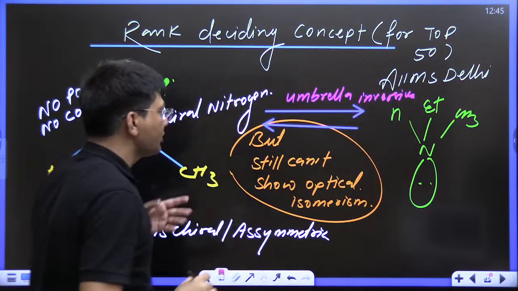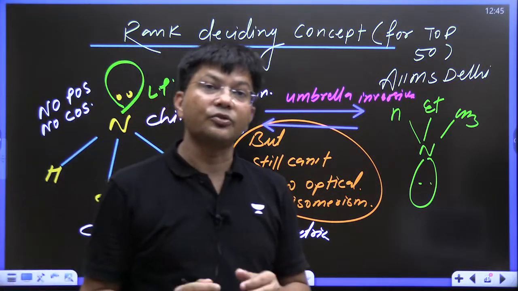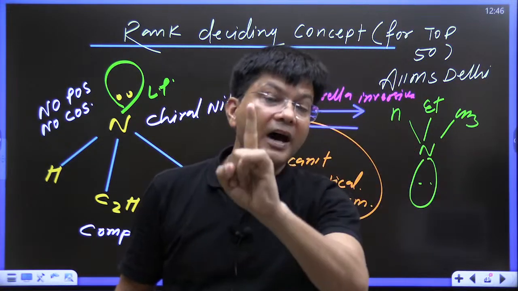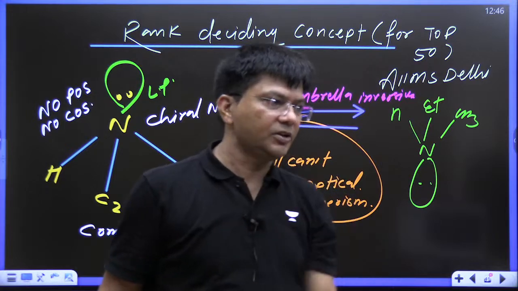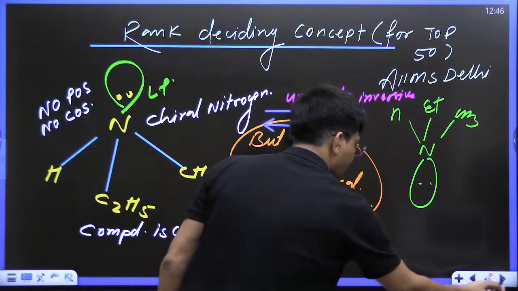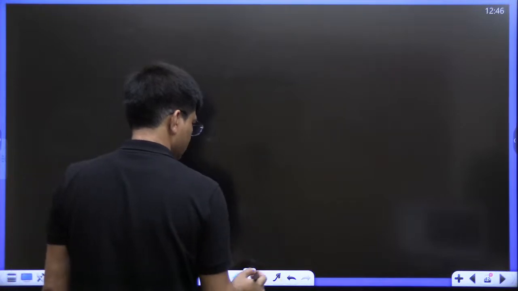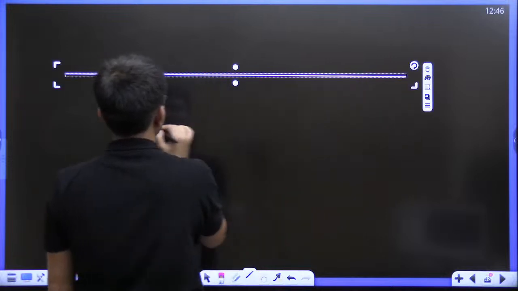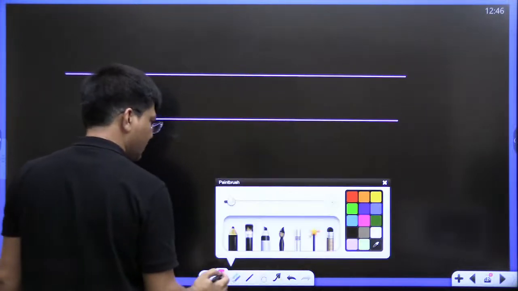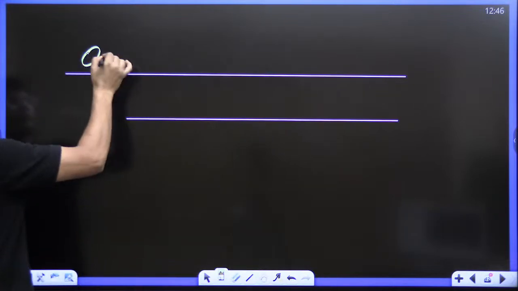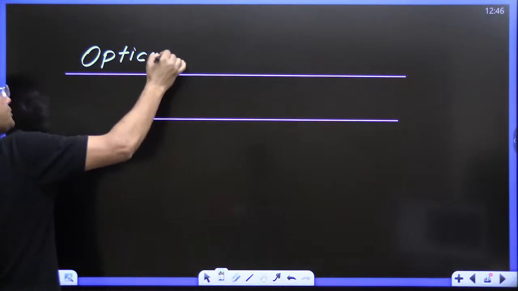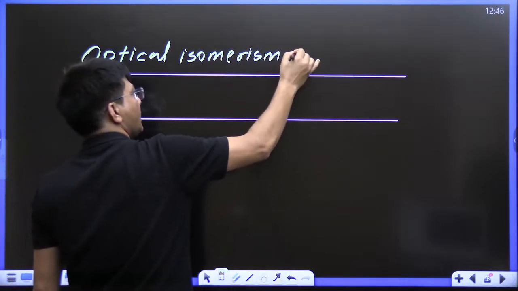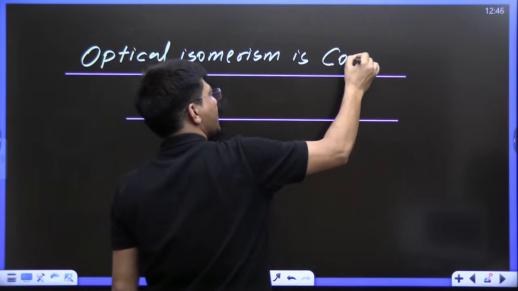We are not saying that it is going to show optical isomerism. We know that optical isomerism is part of configurational isomerism.